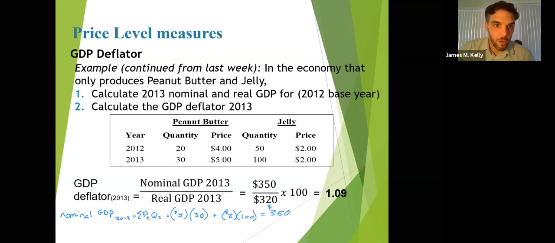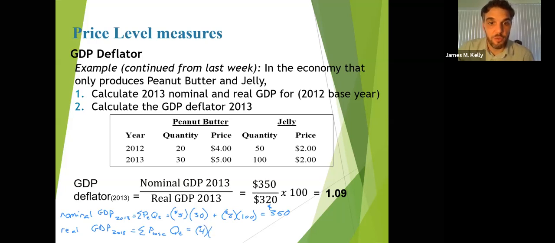To calculate real GDP for 2013, remember that we're going to find the summation, but now we're going to use the base period prices. Our basket of goods is going to be this year's production. In this economy, the only things we produce are peanut butter and jelly. Using 2012's prices, in 2012 peanut butter was priced at $4.